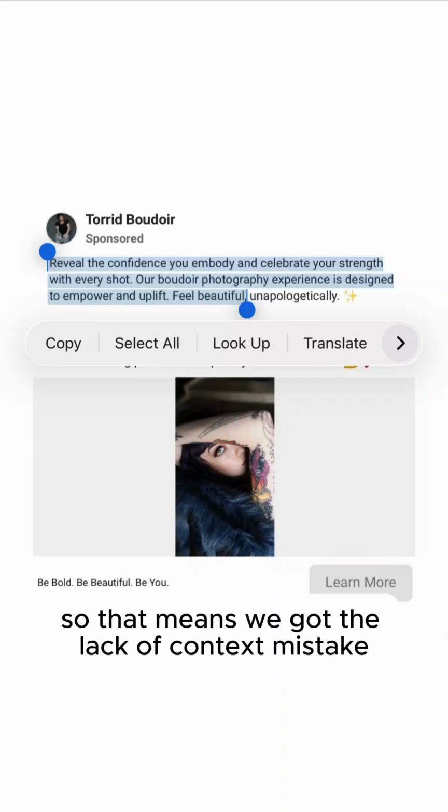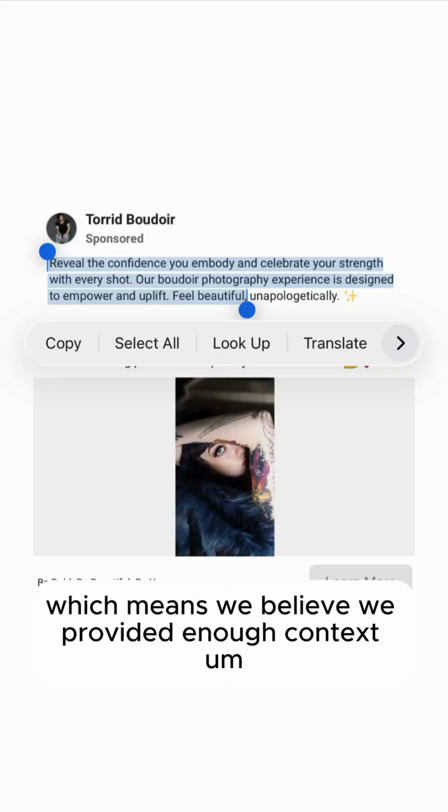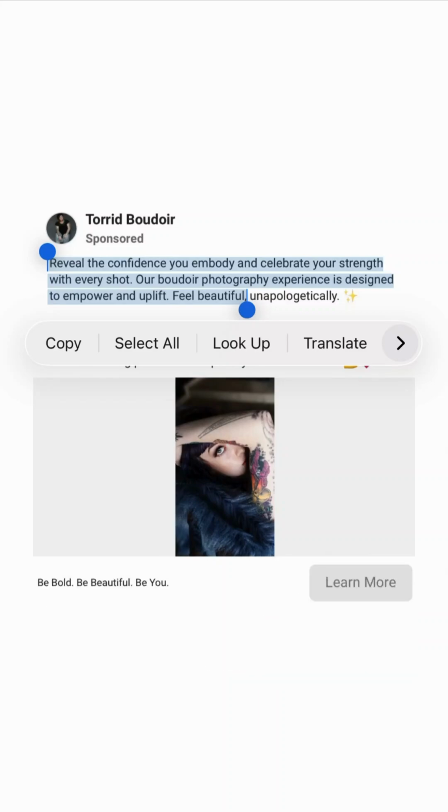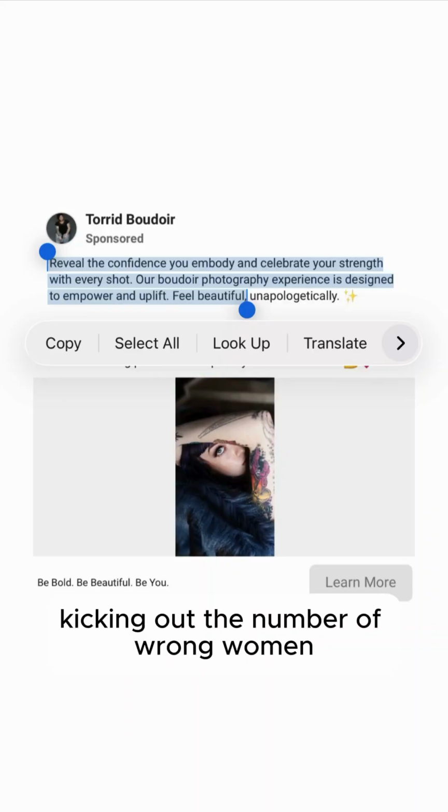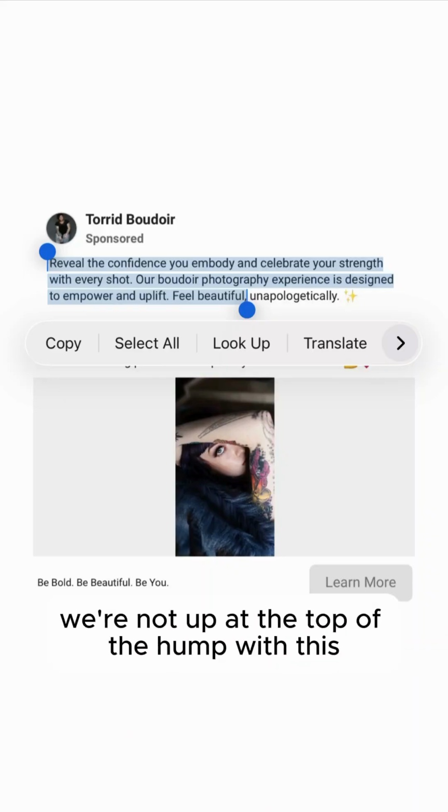So that means we've got the lack of context mistake, which means we believe we provide enough context to maximize the number of correct women coming in, kicking out the number of wrong women. But we're not up at the top of the hump with this.